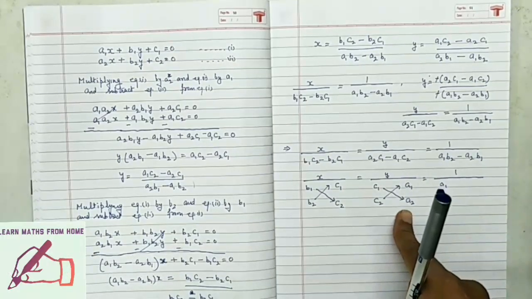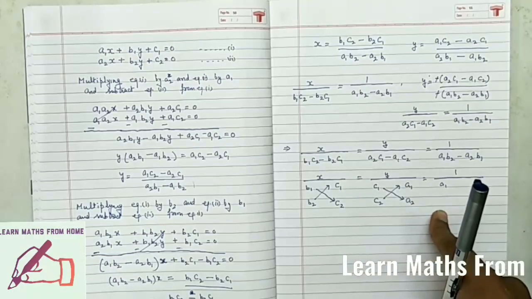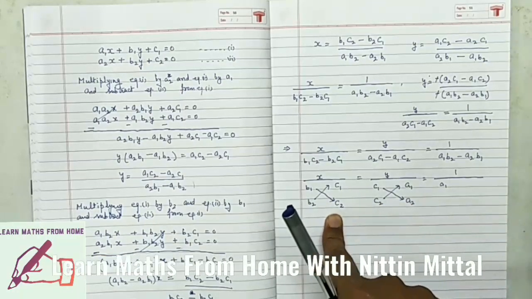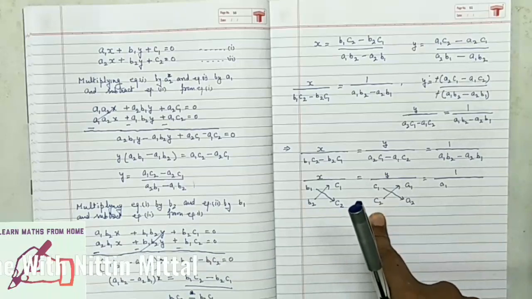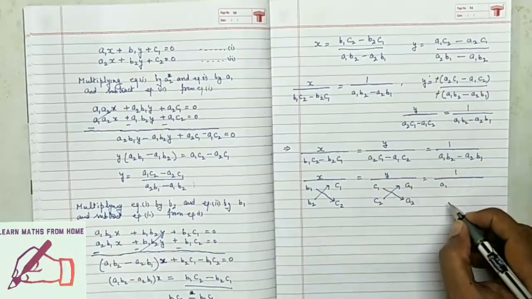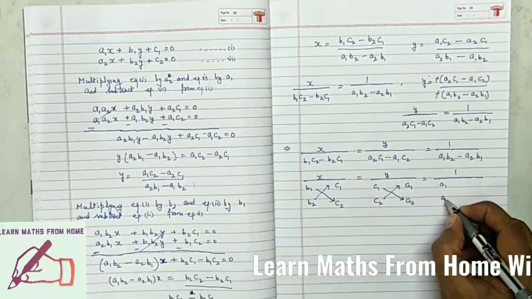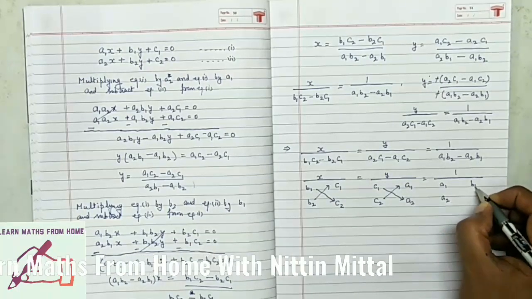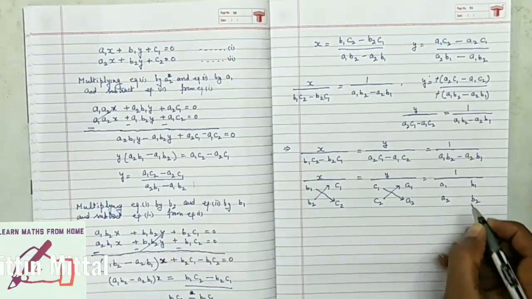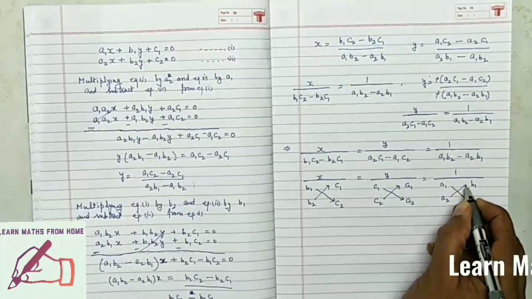Whatever we have ended with for y, the same we have to start with for 1, and wherever we have ended with x, the same we have to start y, right, to make a pattern. So a1 a2 b1 b2, and we'll put the crosses.